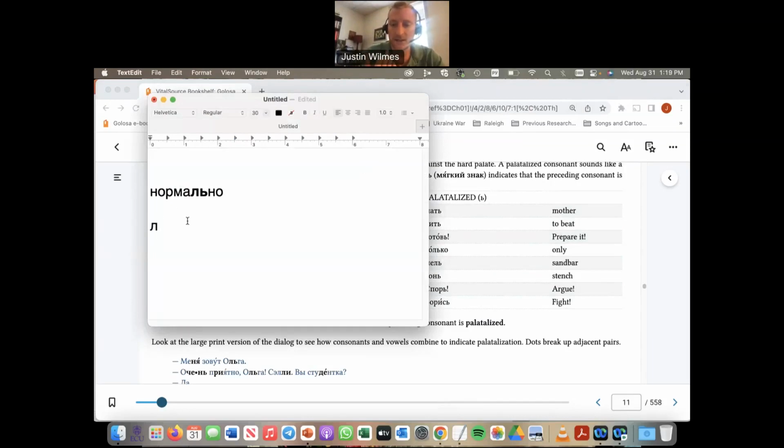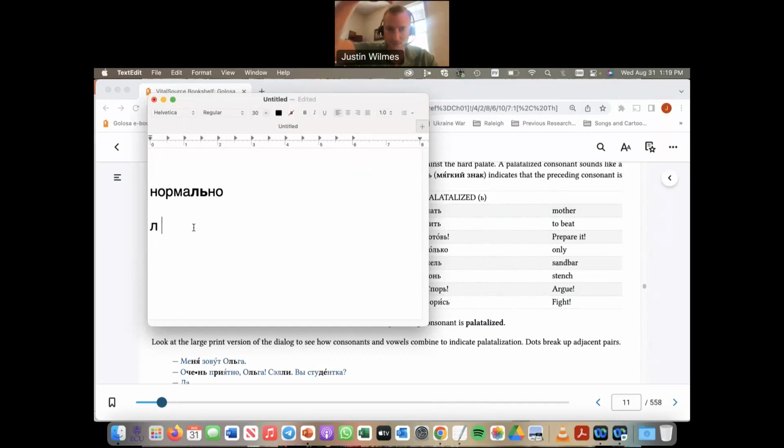L. And the top of your tongue, the middle surface of it, is not really doing anything special. It's just kind of in the air. L. But when you palatalize it, which means that your palate is involved with the consonant, your tongue is pressing up against the roof of your mouth.